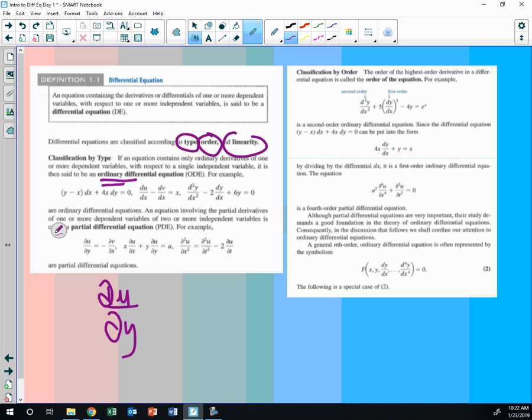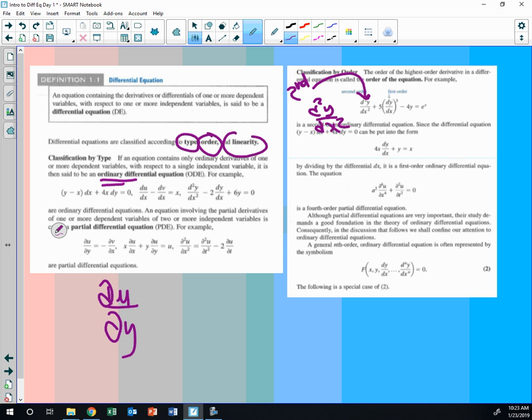The order is simply the greatest power of the derivative. So if you have d squared y dx squared, that's going to be second order, because that's the highest power you see.